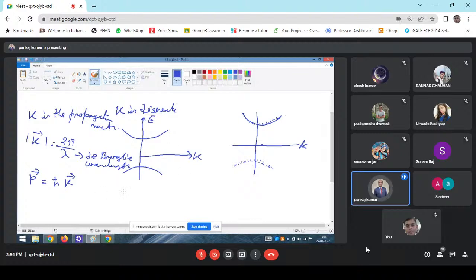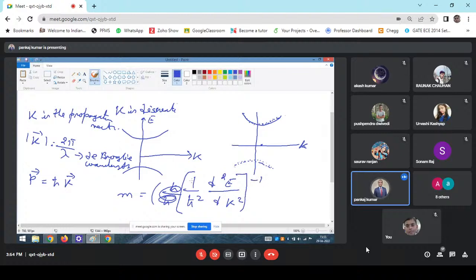And the mass of the electron, the effective mass of the electron, how do we find that? We find it using this formula from the E-K diagram. Therefore this E-K diagram is very important for students who want to study semiconductors.